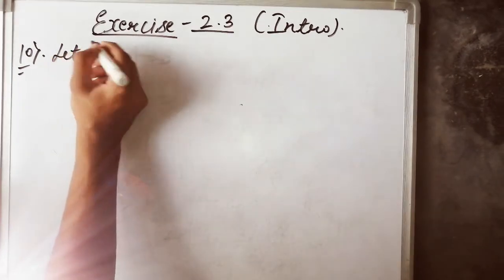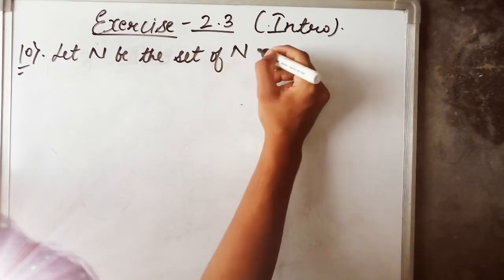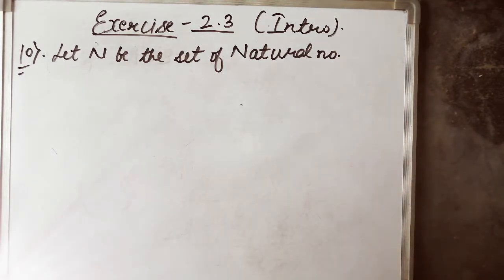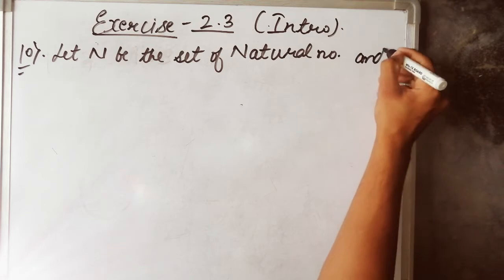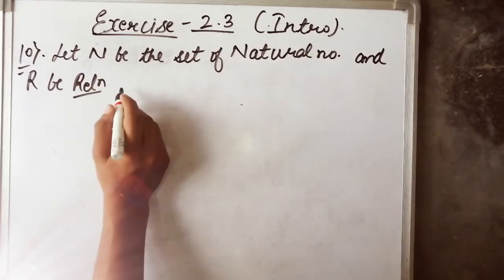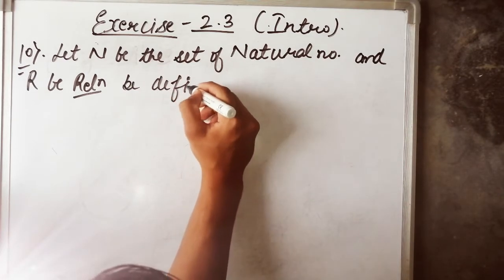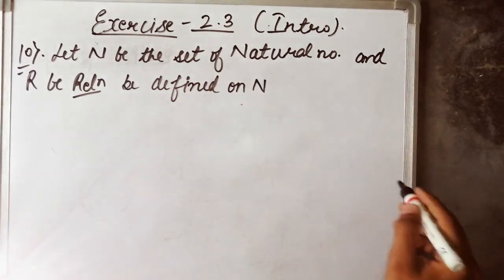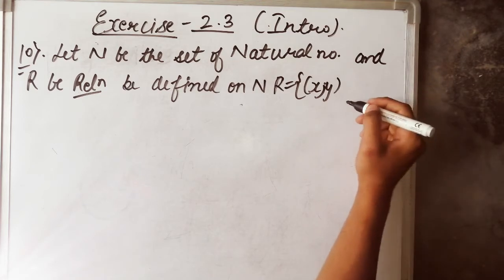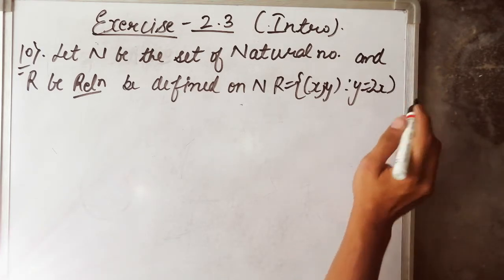Let N be the set of natural numbers, and R be the relation defined on natural numbers such that R equals {(x, y) : y = 2x}, and x and y belong to the natural numbers.